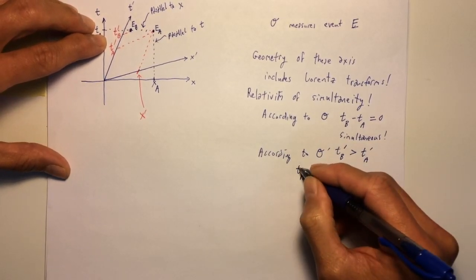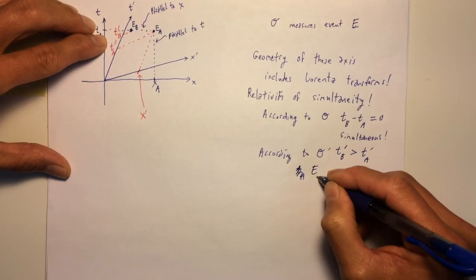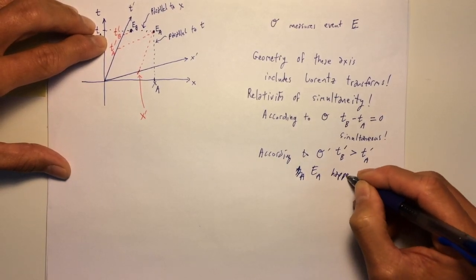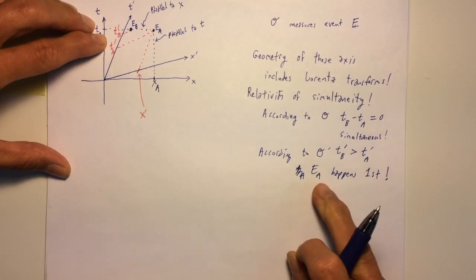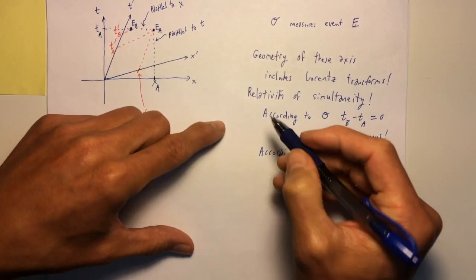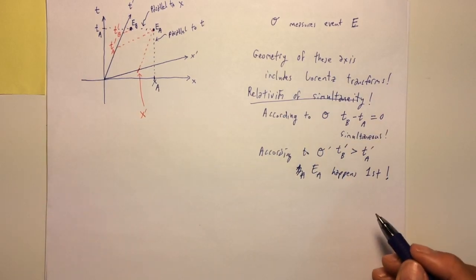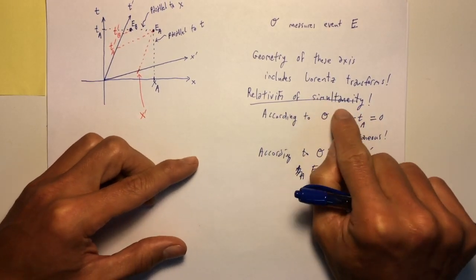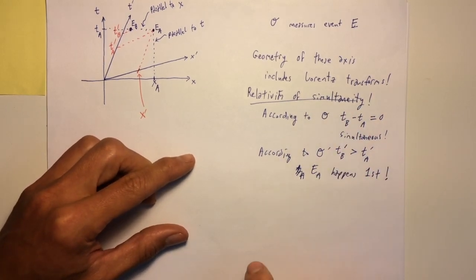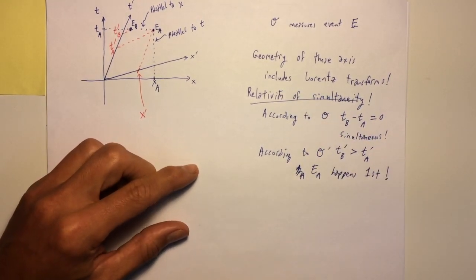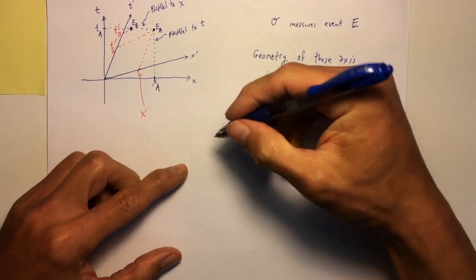So event A happens first, right? So this is the relativity of simultaneity. So the notion of simultaneousness is relative to the relative motion of observers. I think this is extremely cool.